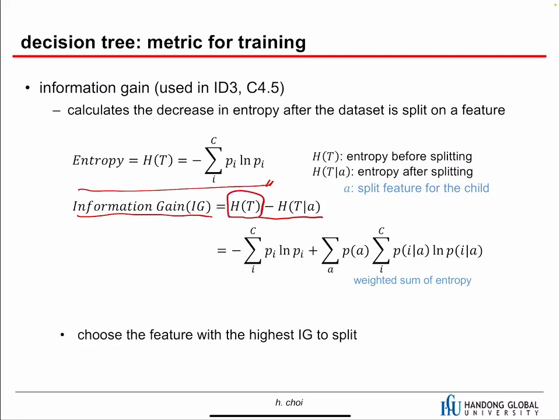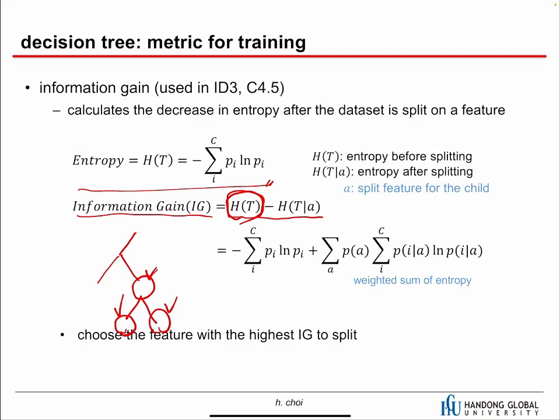So this is our branch. Now let's say we are at this node and we can calculate the entropy at this node. Then after the split, we can calculate the entropy from here and the entropy from here.